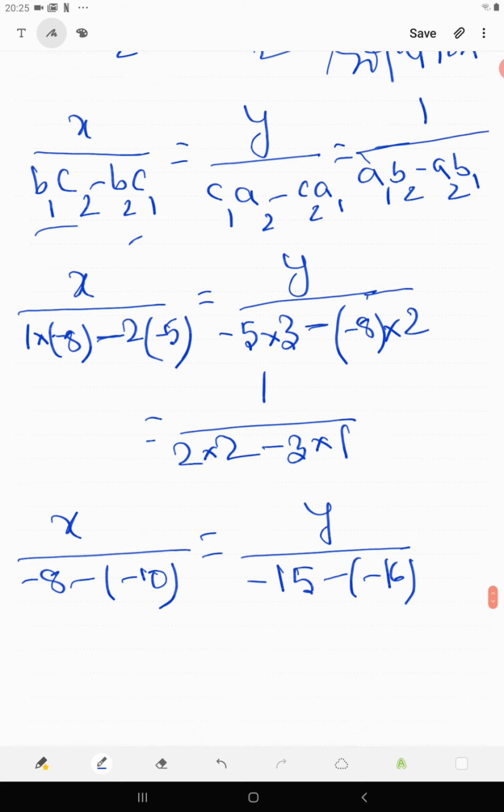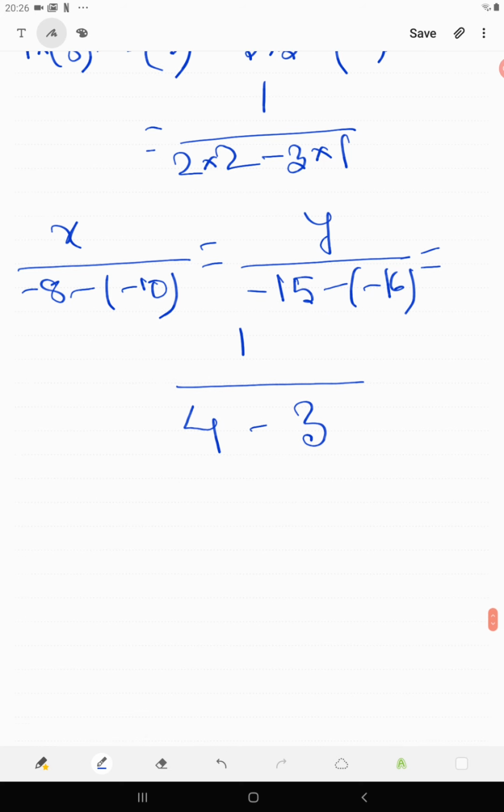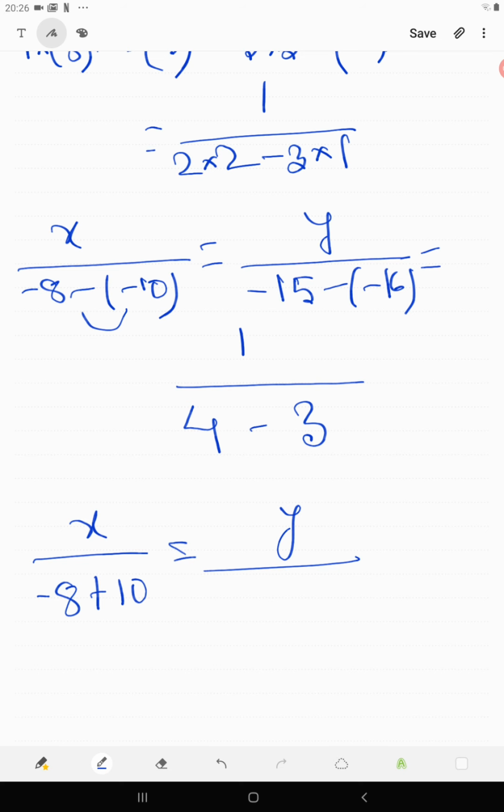So minus 15 minus of minus 16 equals 1 divided by, 2 into 2 is 4 minus 3. So this gives us x divided by minus 8, and minus minus is plus, so minus 8 plus 10 equals y divided by minus 15 plus 16 equals 1 divided by 4 minus 3, which is 1.